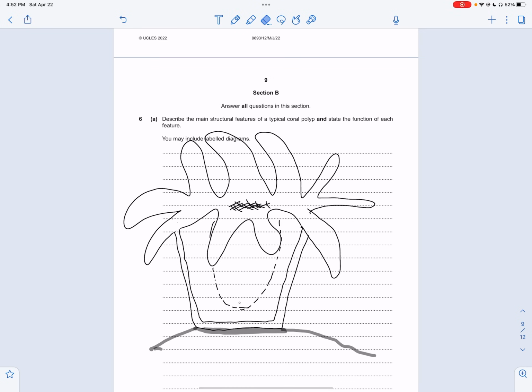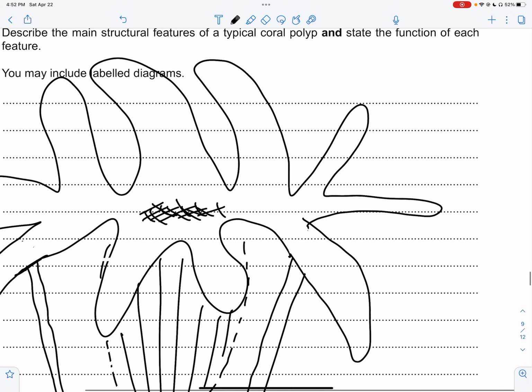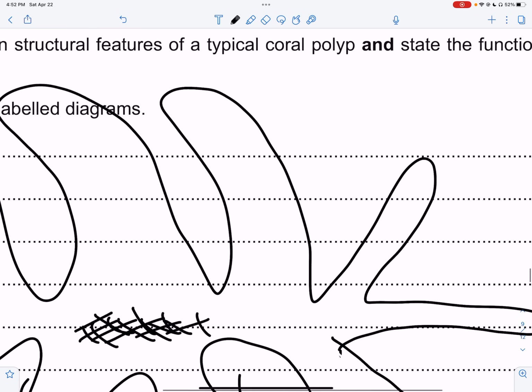Stomach is for digesting food, organic material or biomass. Little walls of the stomach do not need to be included. That's good for me. All right, and then some smaller details is that we need to consider what's on the outside. So you don't have to include zooxanthellae, although maybe if you did, you could get a mark. I don't know.